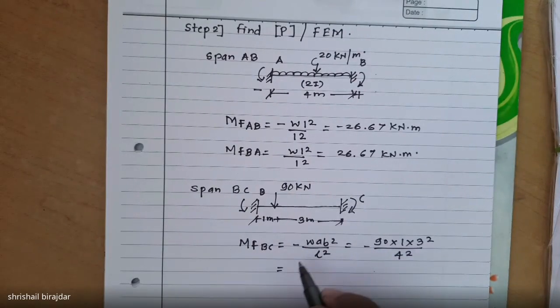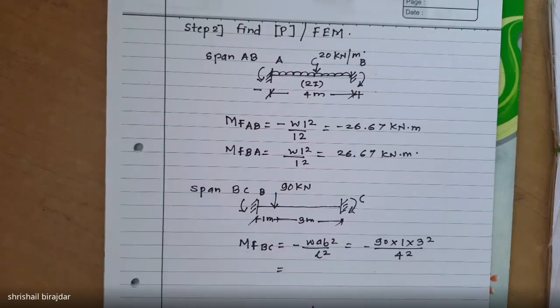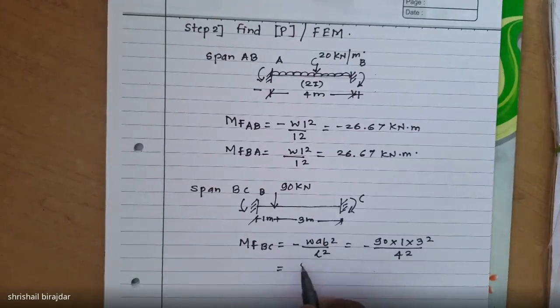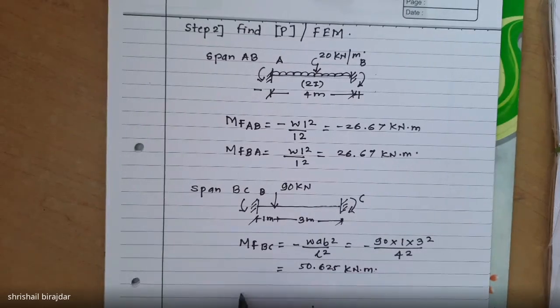Try to find out. Do your own calculations. When you are doing your own calculation, then only you can understand the problem well. Okay, correct. 50.625 kilonewton meter. Exactly.